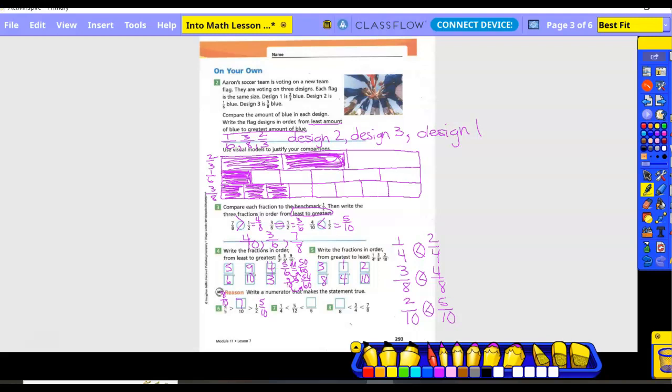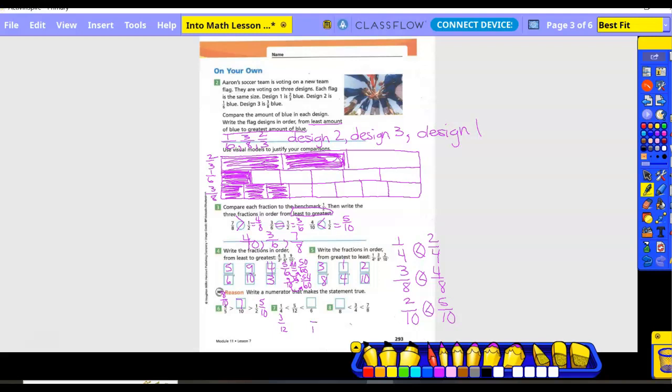Okay. What's going to be our common denominator? 12, right? All those can go into 12. So if I do 12 here, how did I get from 4 to 12? Times 3. What I do on the bottom, I do on the top. So this could be equivalent to 3/12.